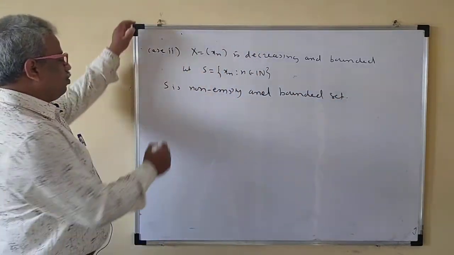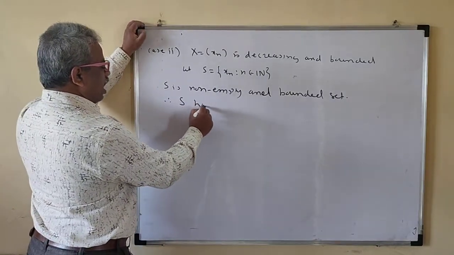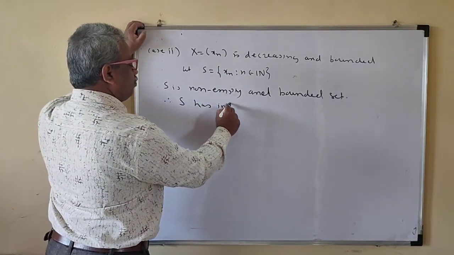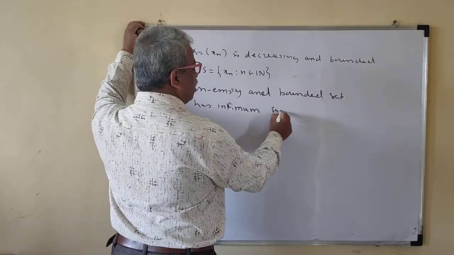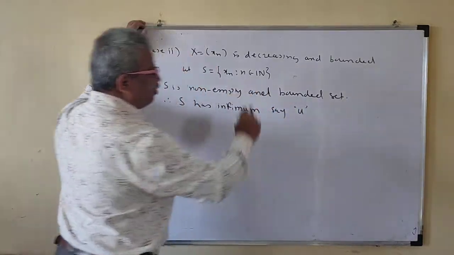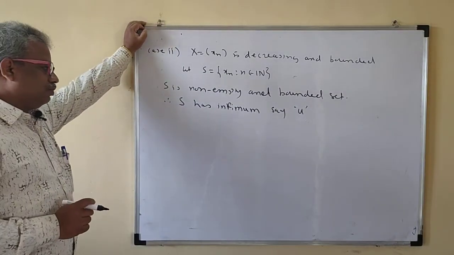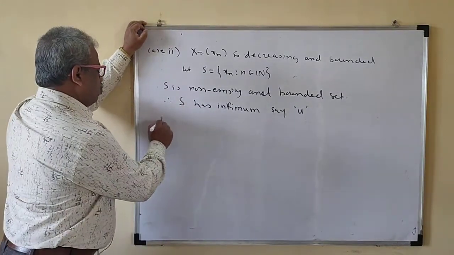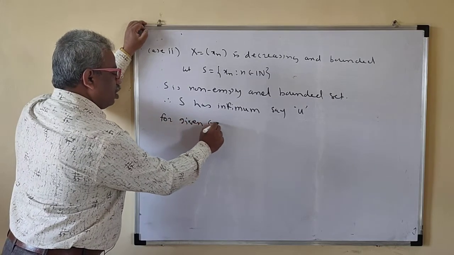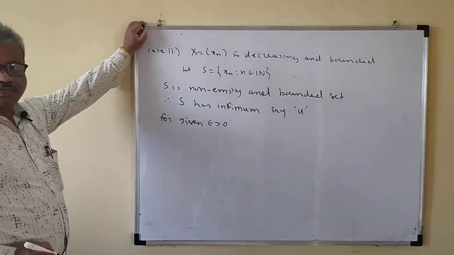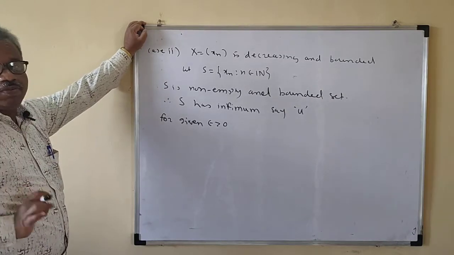Okay. Therefore S has an infimum. Say I will take that infimum to also be U now. No problem for this one. Okay. So for a given epsilon greater than 0. Okay. So now U is the infimum.